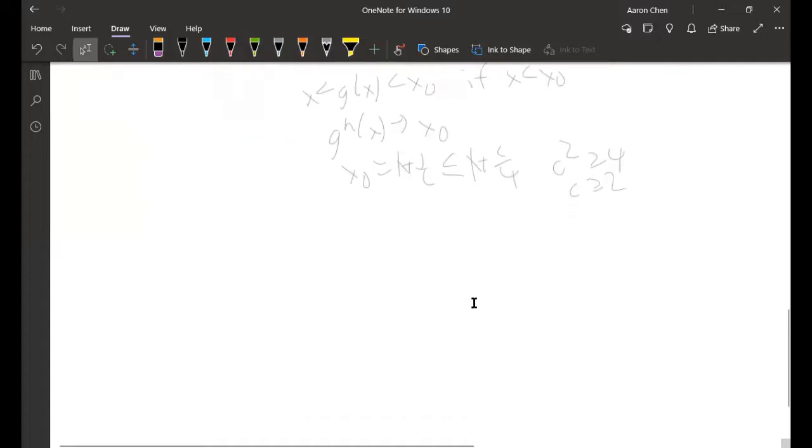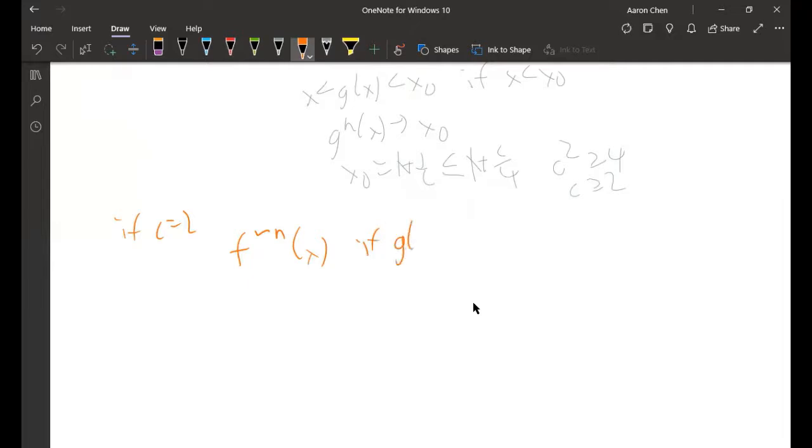Now what's left is to see if c equals 2 actually is possible. What we need to show is that all of the roots of f to the negative n of x are real, as long as g to the power of n of 0 is less than or equal to 1 plus c over 4. Substituting the value of c in here, this is equal to 3 halves.